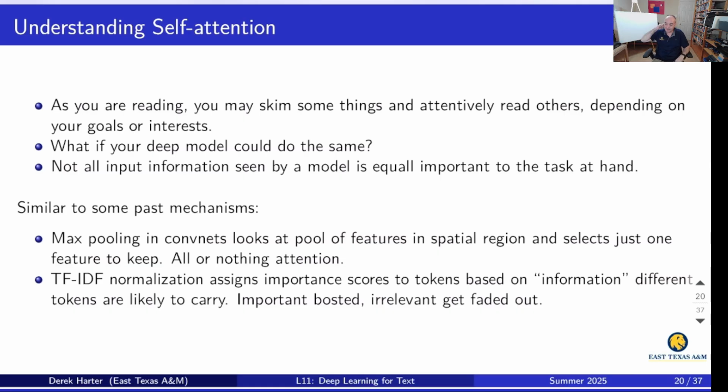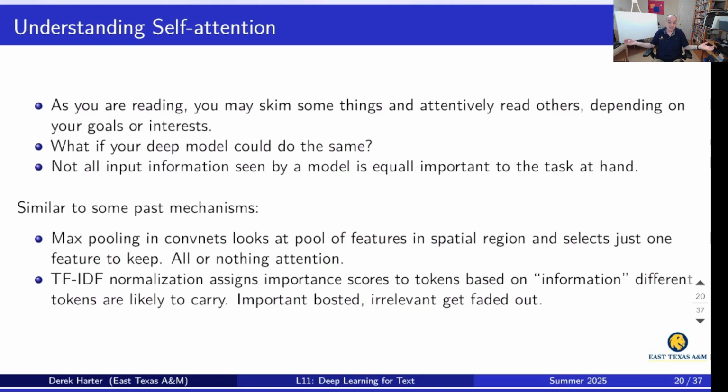The TF-IDF normalization that I looked at, I probably should have emphasized a little bit more, is a kind of assigning an importance score to each word in your sequence, right? And that token score is based on the word in your current document, but also how frequent that word is in your corpus, right?